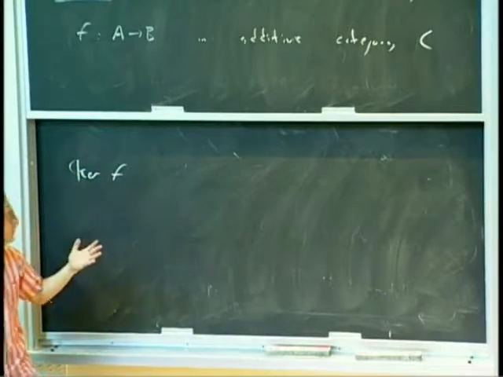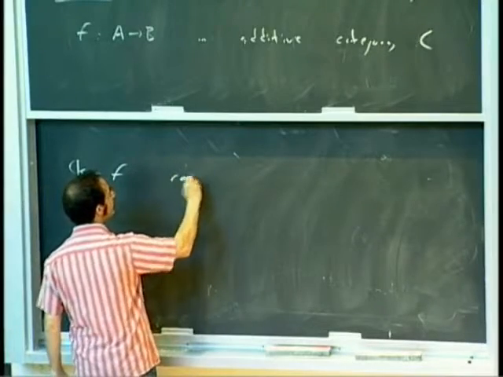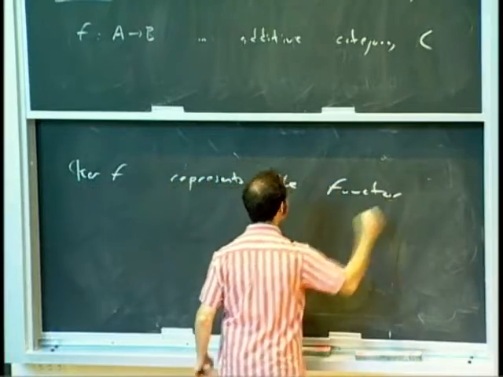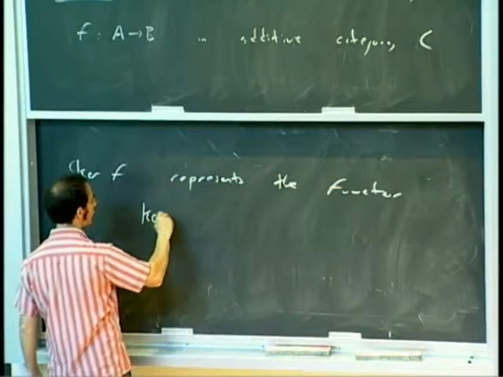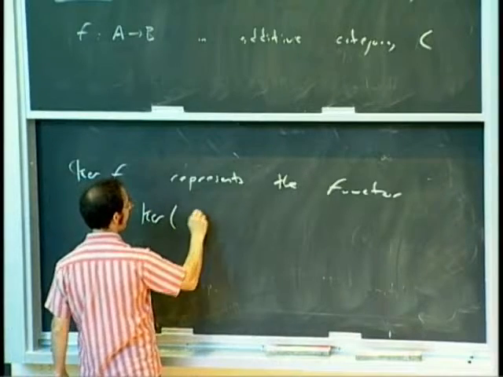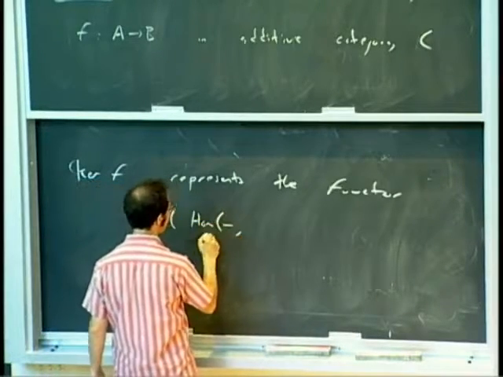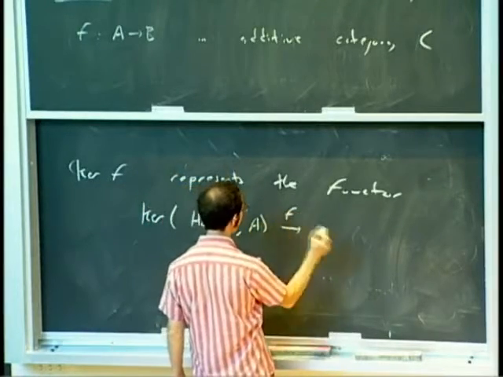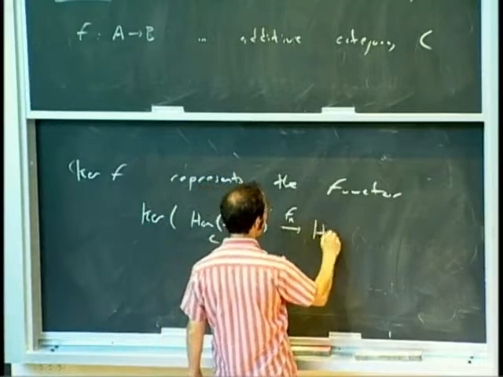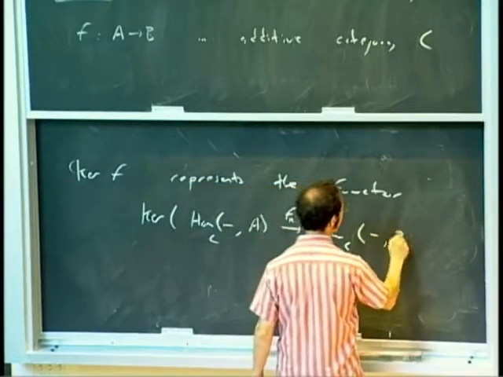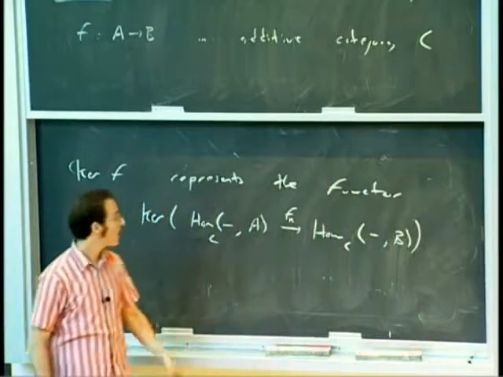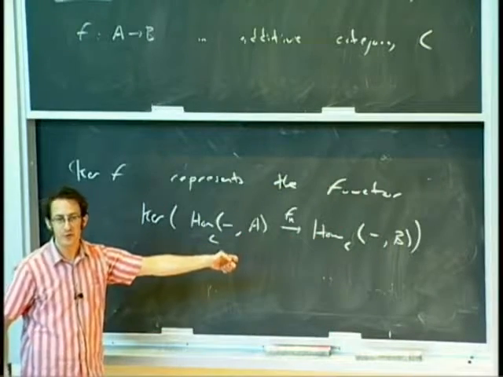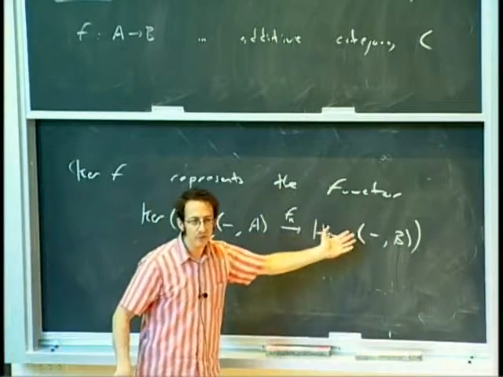It might not have a kernel, but if it has a kernel, the kernel of f represents the functor kernel of Hom in C from blank to A via f star, Hom in C from blank to B. This is a functor from C to abelian groups, and I know what the kernel is in abelian groups.